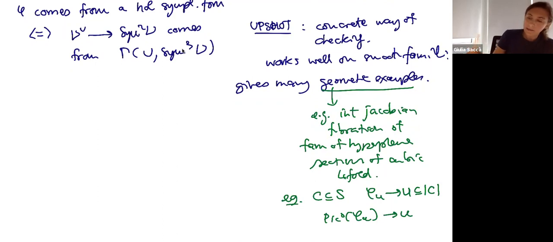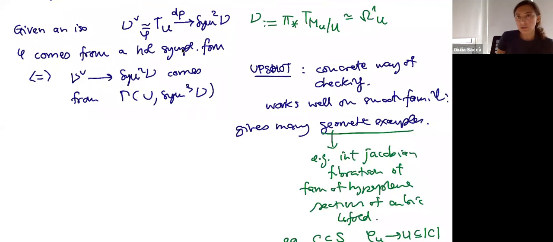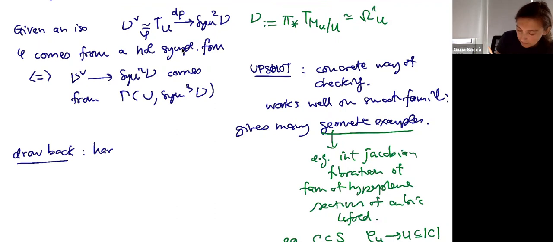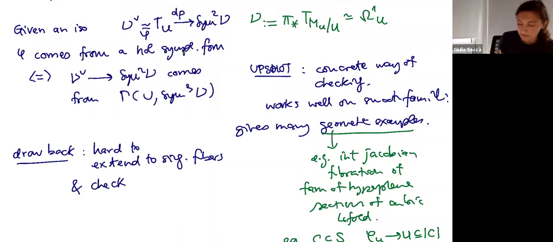Okay, and so what is the drawback? The drawback is it's not easy to check the closedness condition, and it's not easy to extend. It's hard to extend to singular fibers and to check that the form is closed.